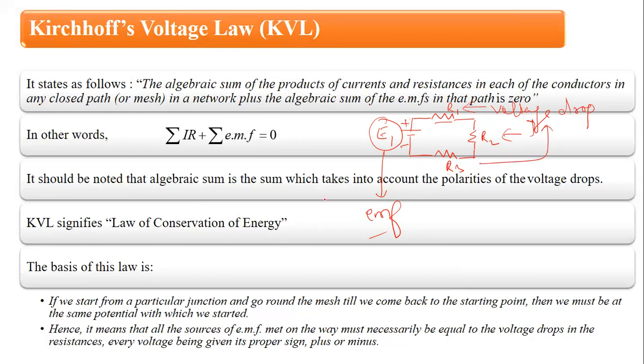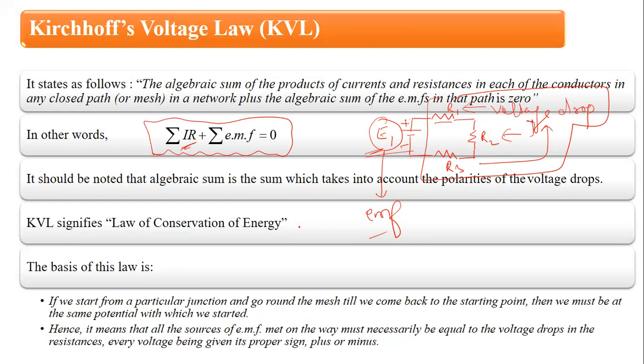So when we say that the energy delivered by the source EMF is being utilized by the electrical network circuit elements, we are saying that the total EMF in the loop is equal to the total voltage drop, and this is what is represented by this particular equation.